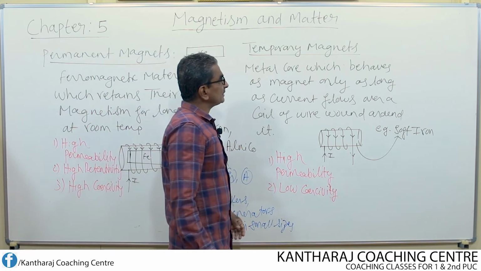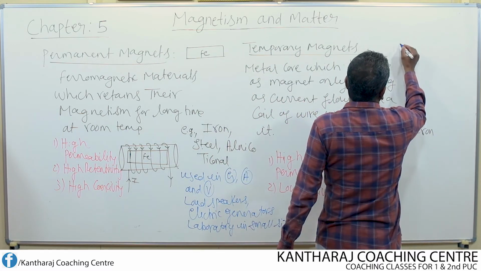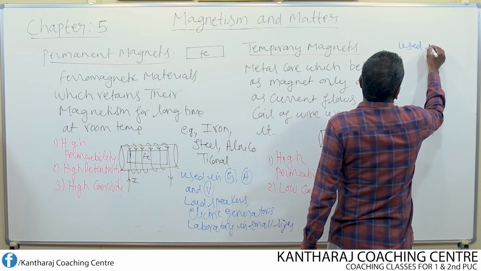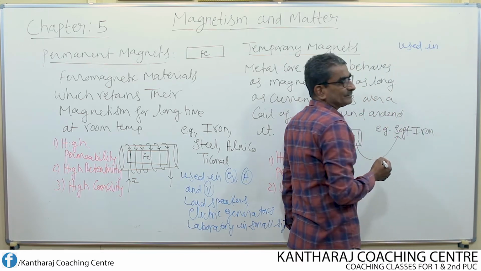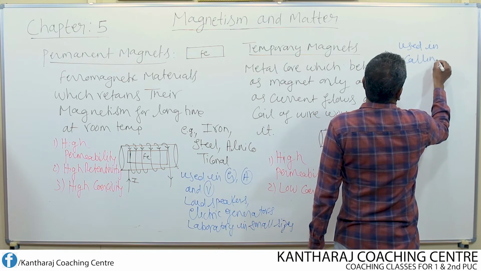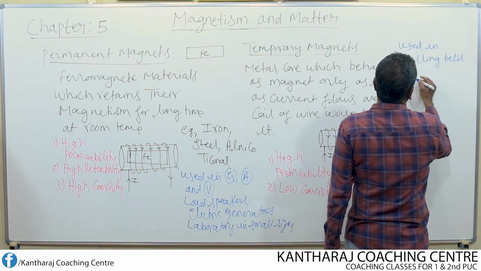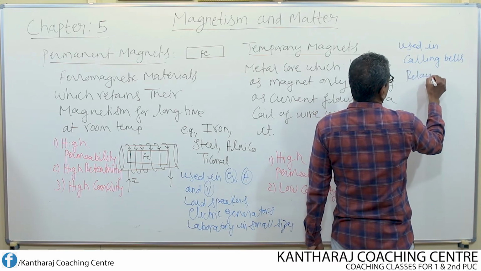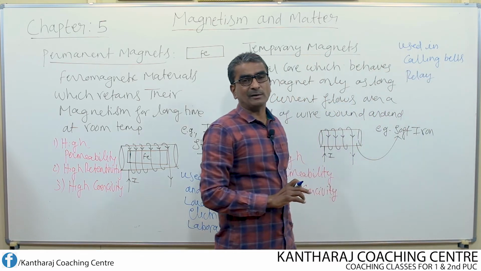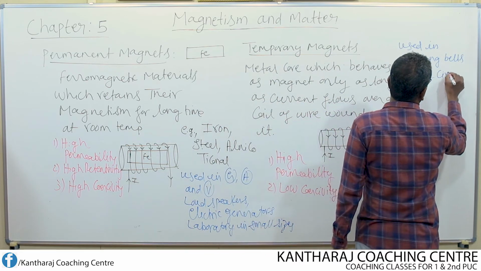Then coming to the uses of temporary magnets. Temporary magnets are used in calling bells and relay circuits. These relay circuits are quite common in electronic devices.